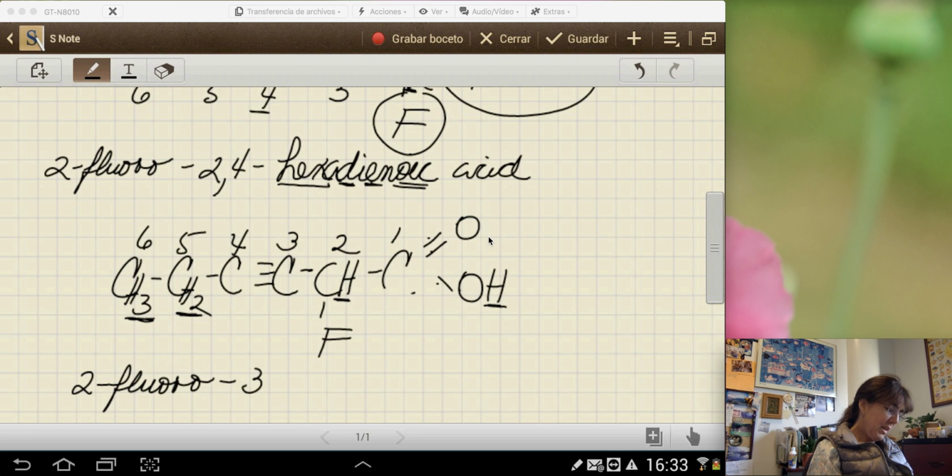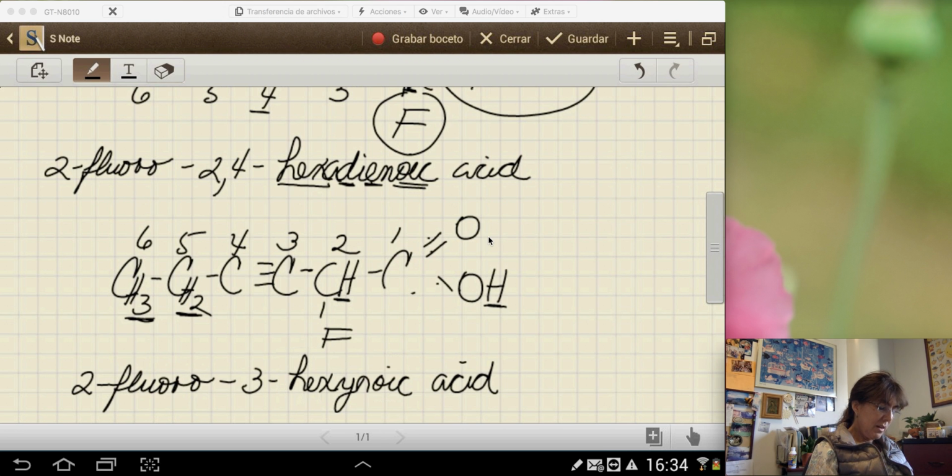It's a 3X, 6 carbon atoms, hexine, triple bond, hexynoic, sorry, we don't need this E, hexynoic acid.